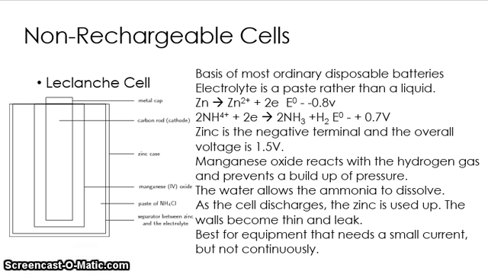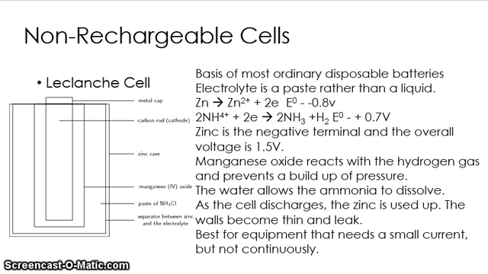Another example of a non-rechargeable cell is the Leclanche cell, which is an improvement on the Daniell cell. It's shown in this diagram here, and it's the basis of most ordinary disposable batteries. Most day-to-day disposable batteries you have around your house will be Leclanche cells.